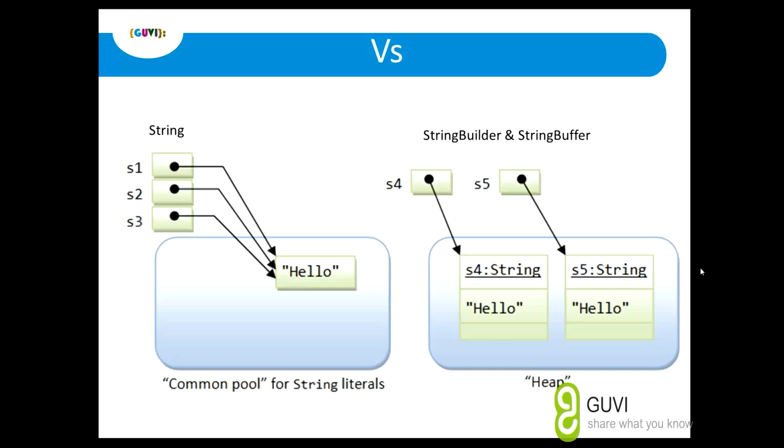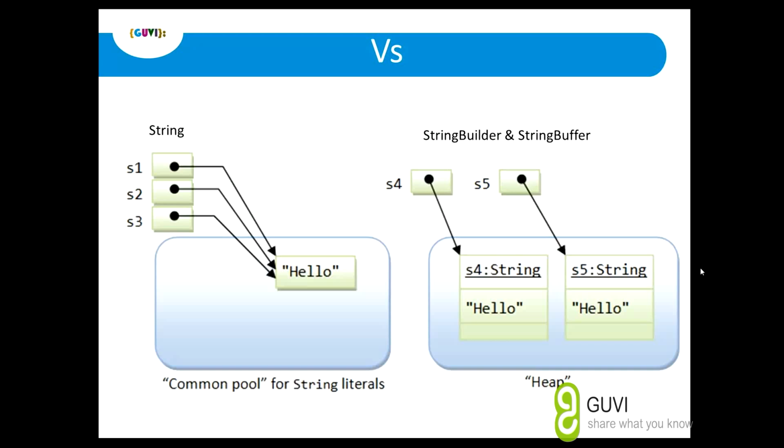And if you look at performance wise, StringBuffer is faster when you are performing too many concatenations in your program. This is because when you concatenate a string, you are actually creating a new object every time, since string is immutable. Both StringBuffer and StringBuilder are mutable classes, but then what is the big difference between these two?